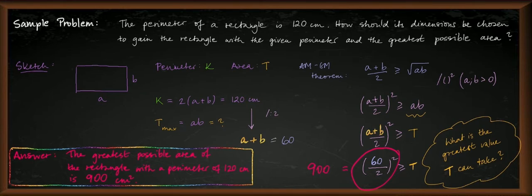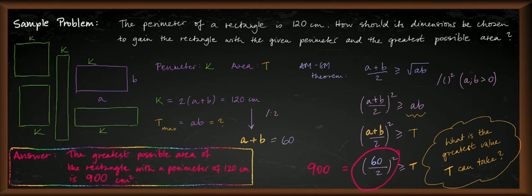Now, when do we have this area? We can draw plenty of rectangles with the same perimeter, with different dimensions, of course. And because of the different dimensions, the areas are going to differ in size.